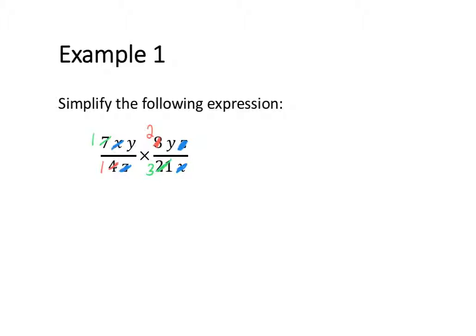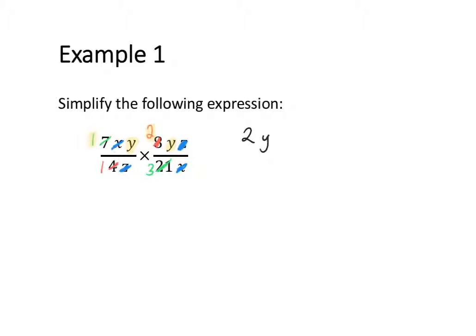You'll note that I've got 2 y's, but I cannot do anything with those y's because they're both up the top. So now I can move on to step 2, which is to multiply the numerator that I have remaining. I've got a 1, a y, a 2, and a y. So 1 times 2 is equal to 2, and y times y is equal to y squared.